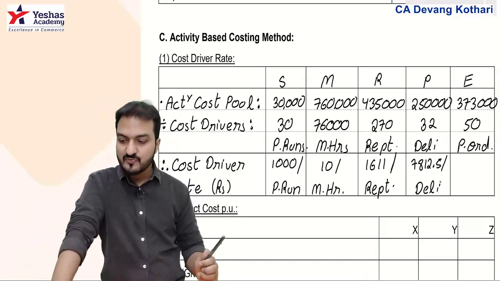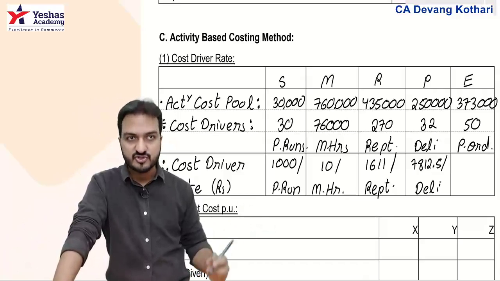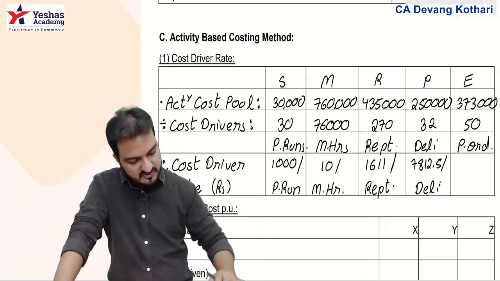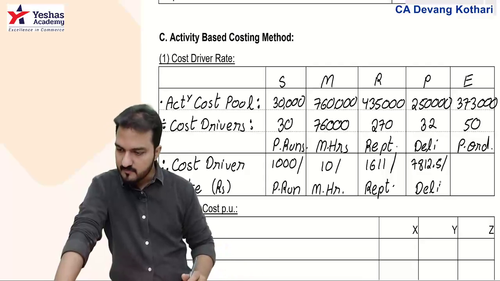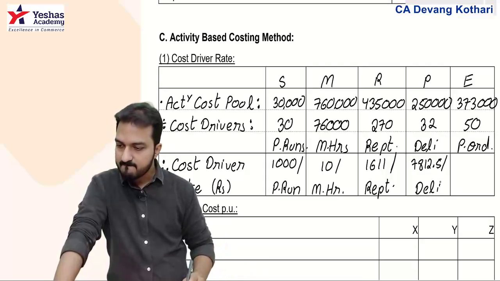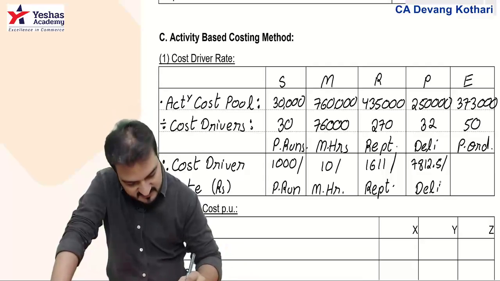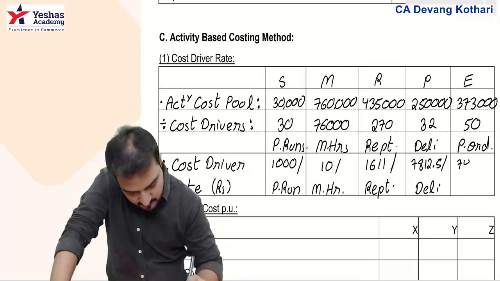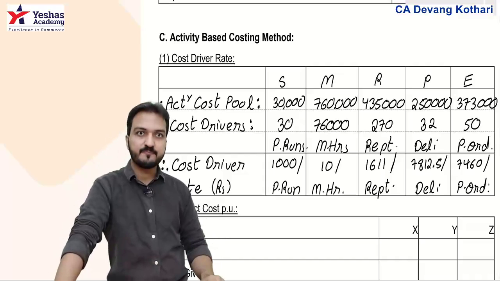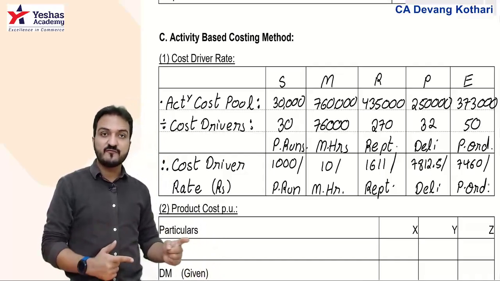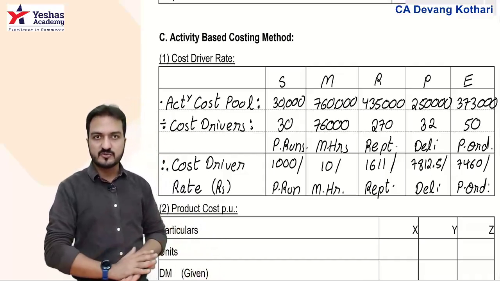And engineering cost will be based on number of production orders, 3,73,000 divided by 50 orders is 7460 per production order. And then using these cost driver rates, we will then find the product cost.